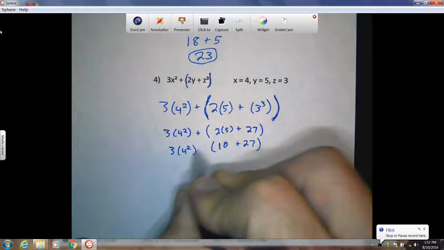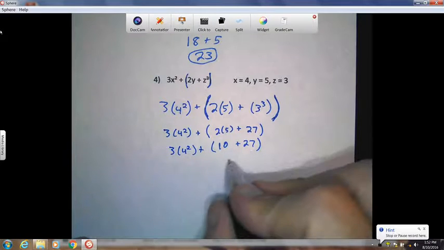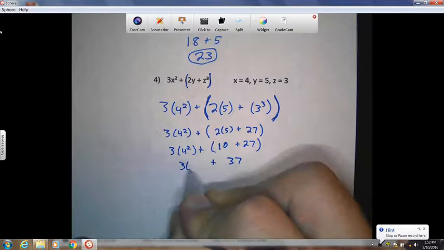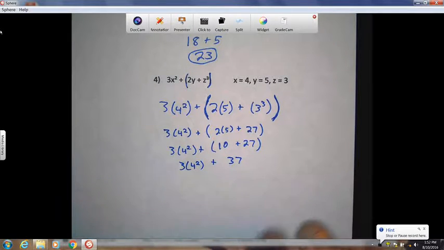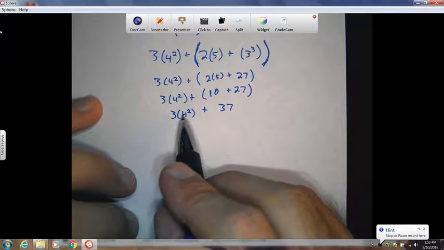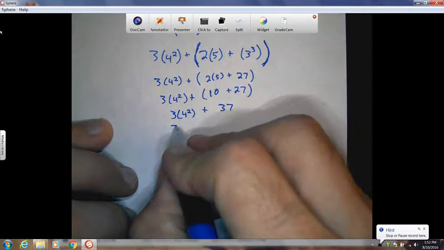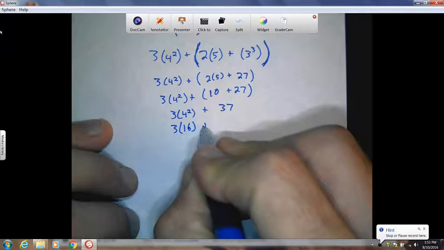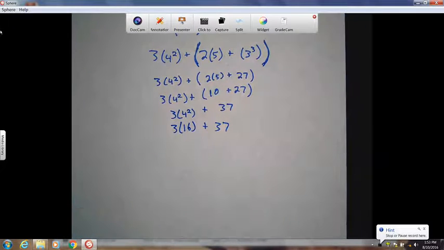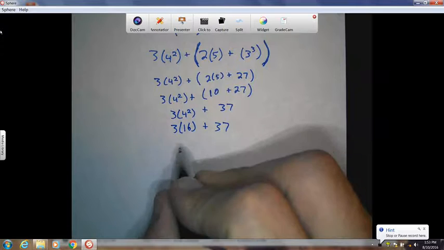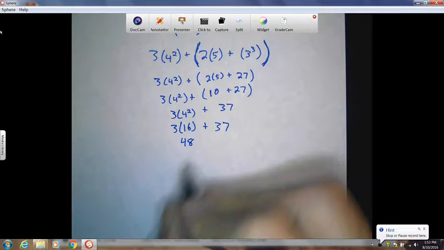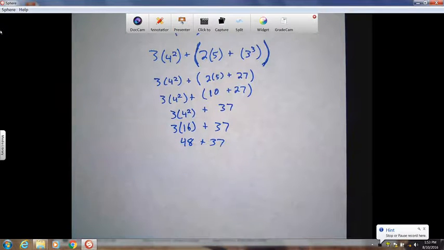Then to complete my grouping symbols, I add 10 plus 27, I get 37. Now I need to work with powers. 4 to the second power, 16. Then multiplication, the parentheses now means to multiply. So that's 48 plus 37, and that's 85.